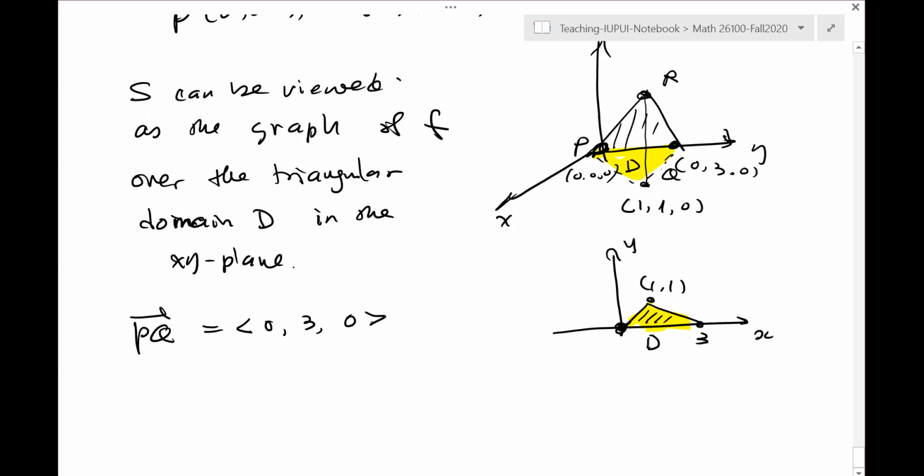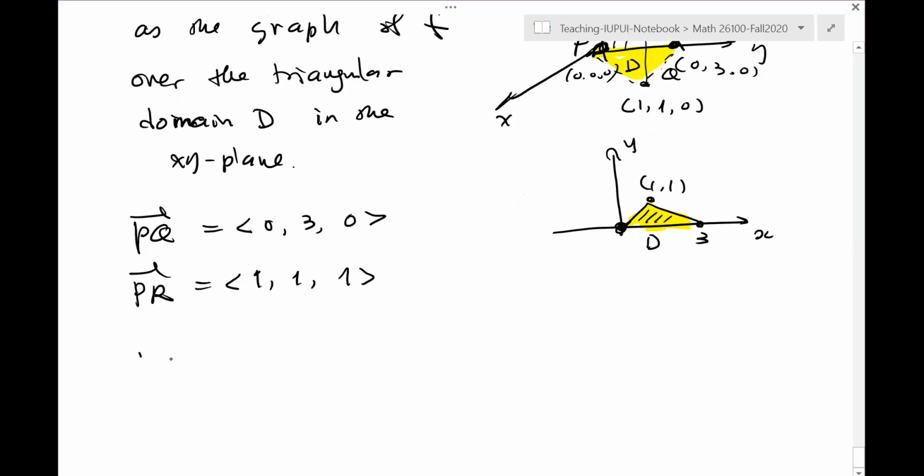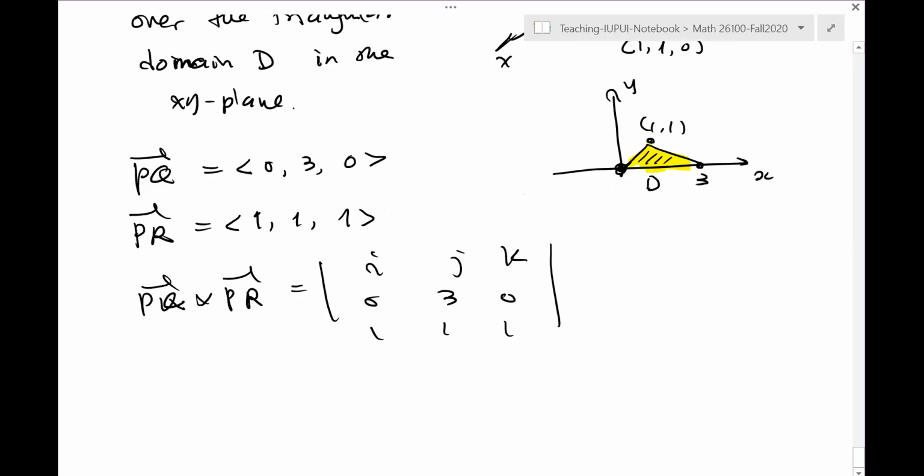The vector from P to R is also just 1, 1, 1. So the cross product is going to be i, j, k; 0, 3, 0; 1, 1, 1. Let's calculate.